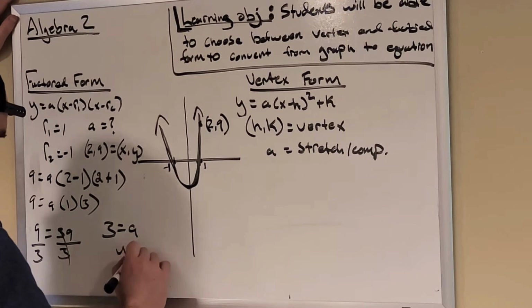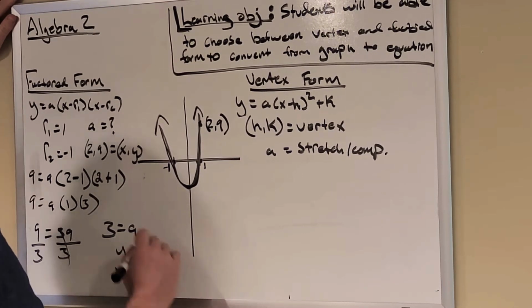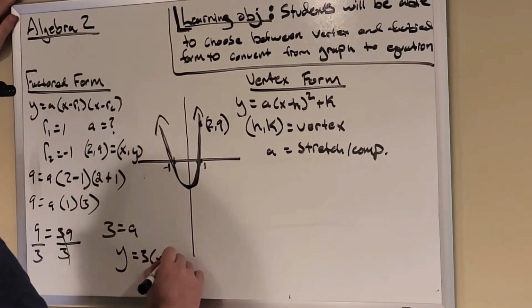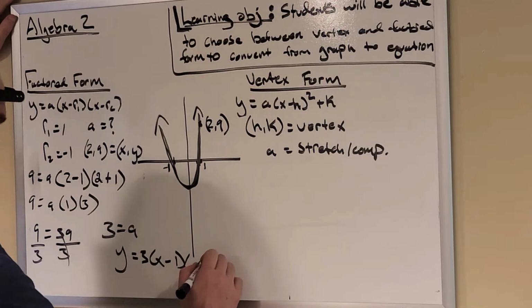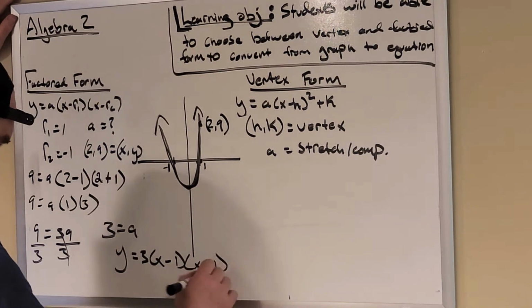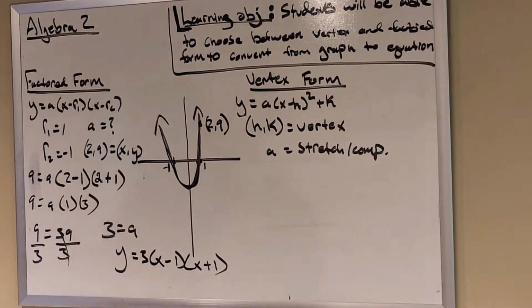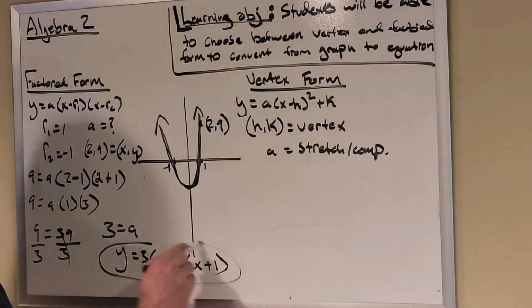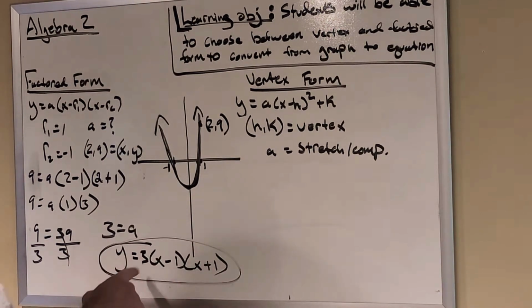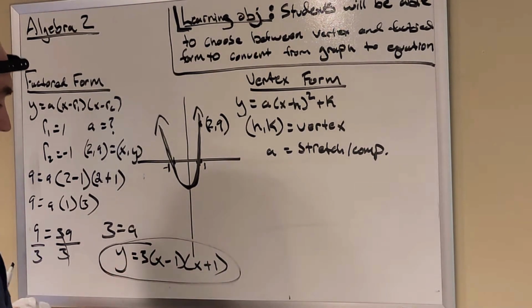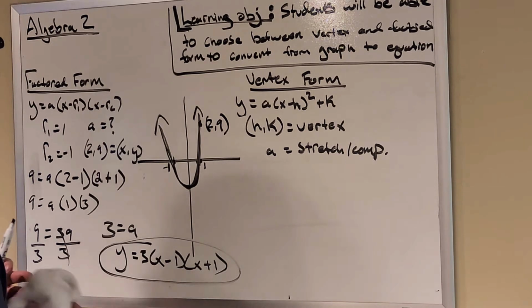So y equals 3 times x minus R1, which is 1, times x minus R2, which is -1, so we're just going to make that a positive 1 now. And that's my equation of this parabola in factored form. Y equals 3 times x minus 1 times x plus 1.